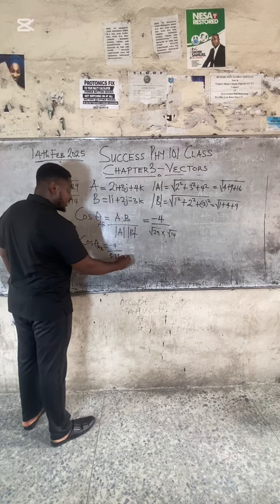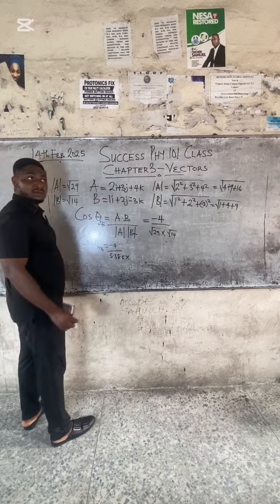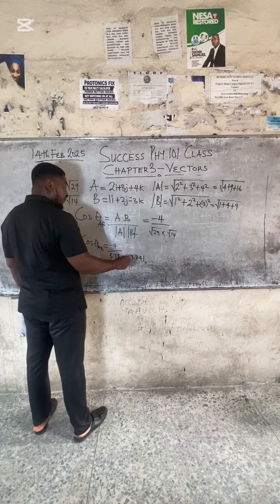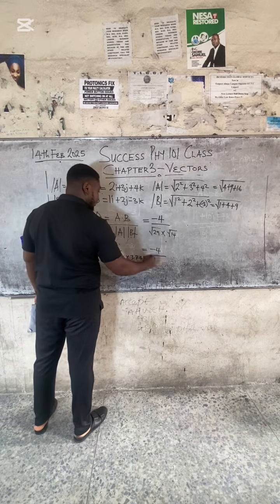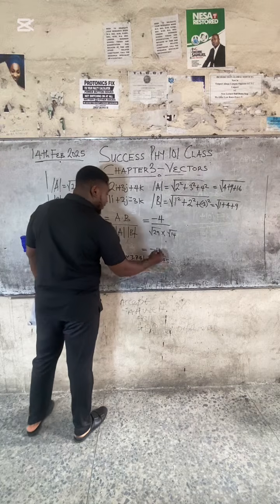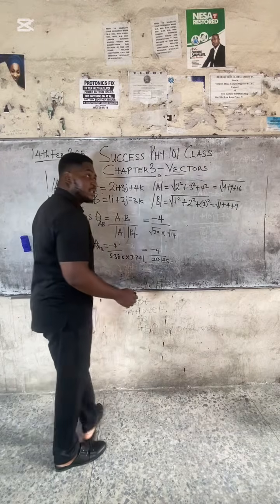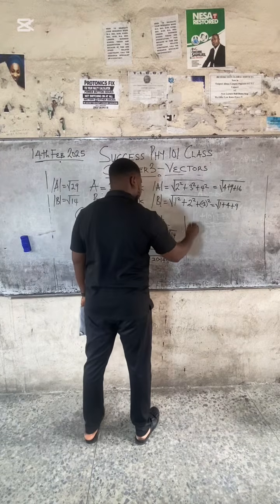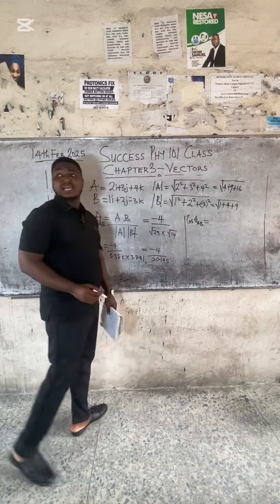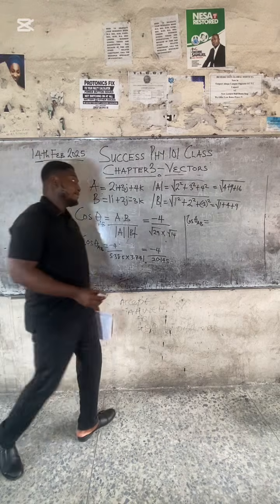And square root of 14 is 3.741. Now, 5.385 times 3.741 is 20.145. So minus 4 divided by 20.145. Class, minus 4 divided by 20.145.